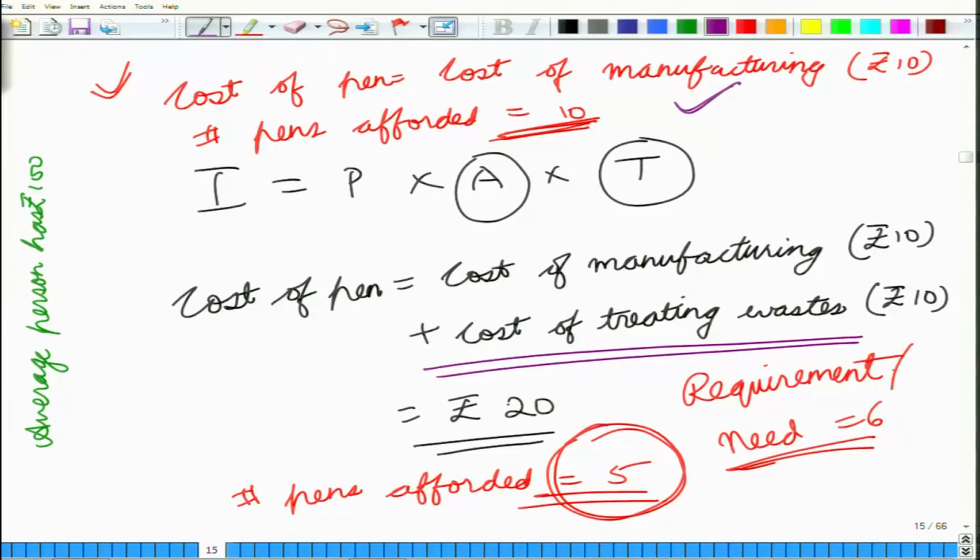Are there some kinds of taxations that we can put on people, or some kinds of penalties that we can put on people who are harming the environment, or is there some kind of subsidy that we can give to those people who are protecting the environment, or who are taking all the steps such that their impact on the environment is lessened?